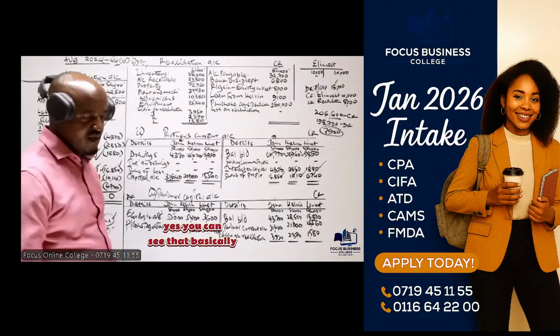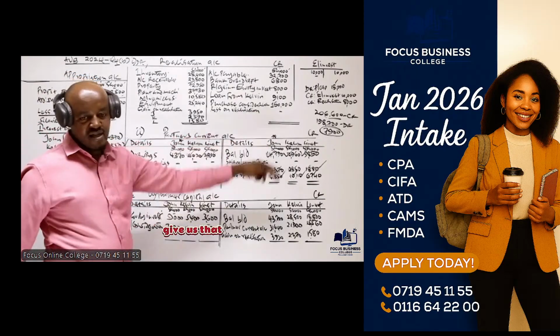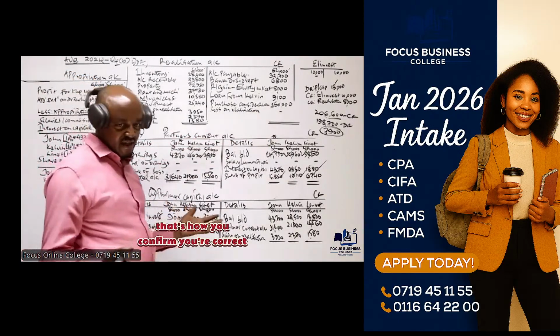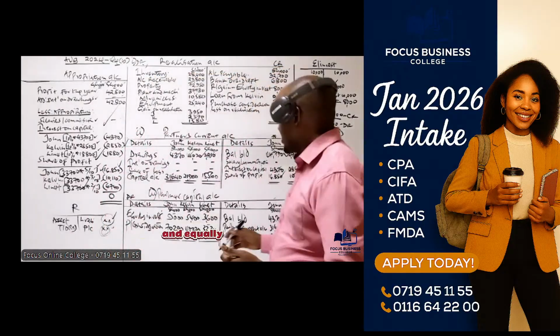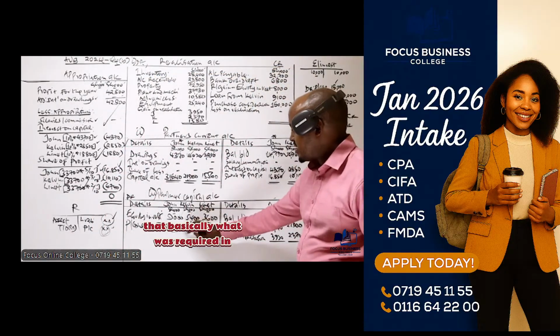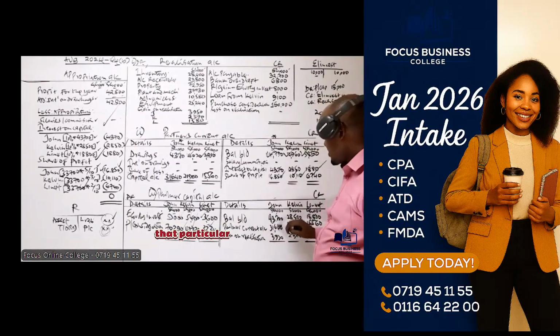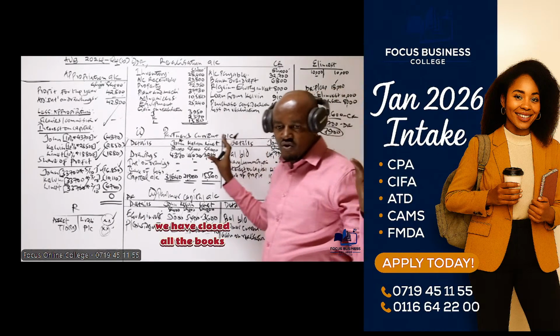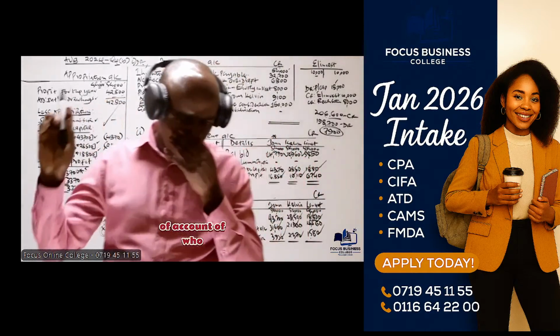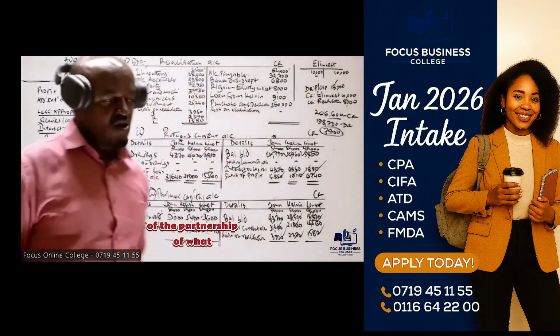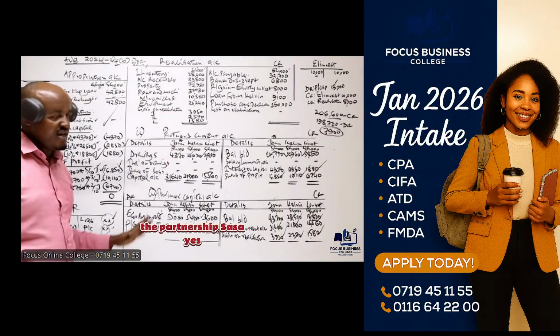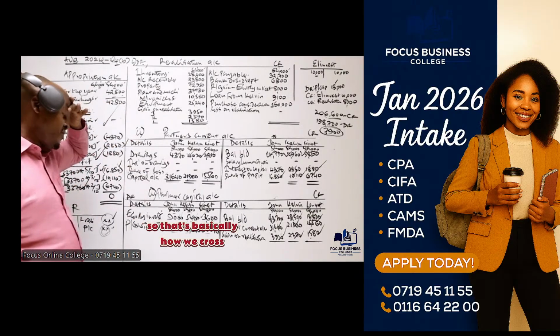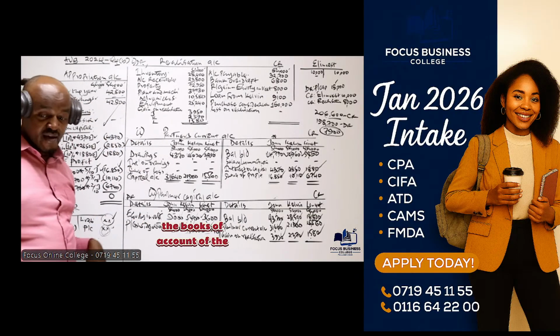Yes, you can see that it gives us that. That's how you confirm you are correct. And equally that was what was required in that particular account. So what we have done is we have closed off the books of account of the partnership. So that's how we close off the books of account of the partnership.